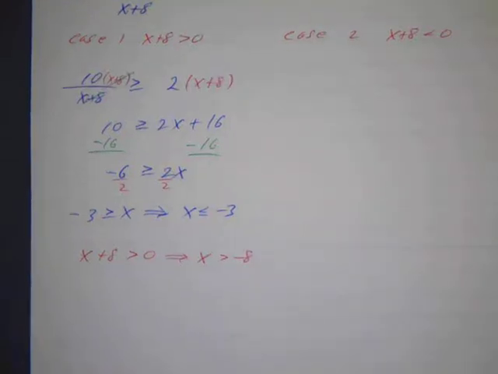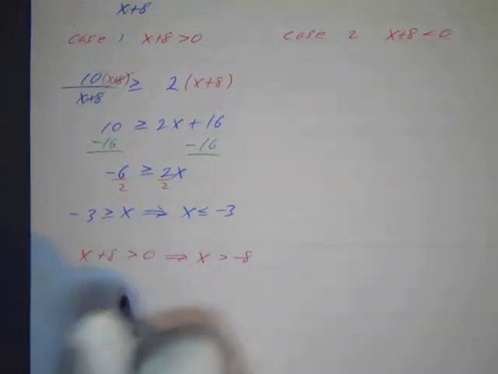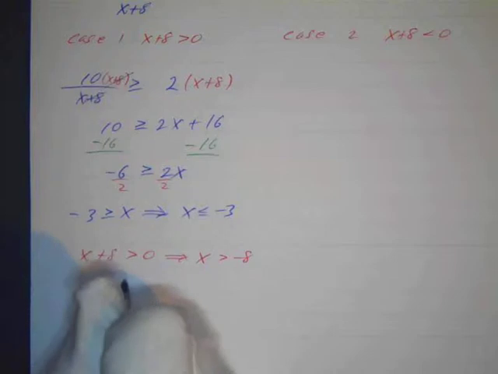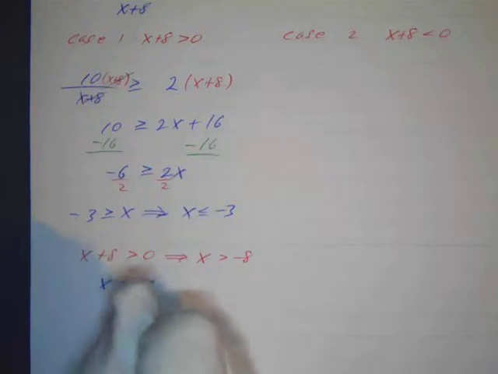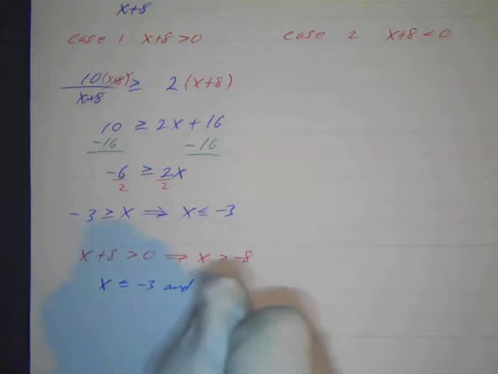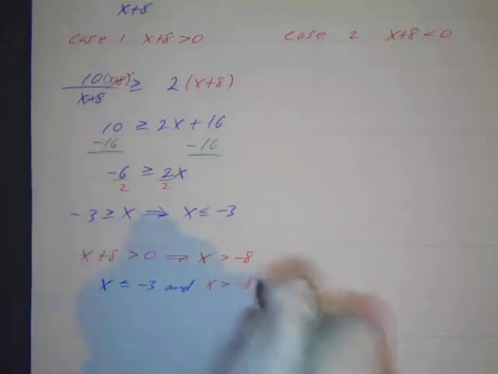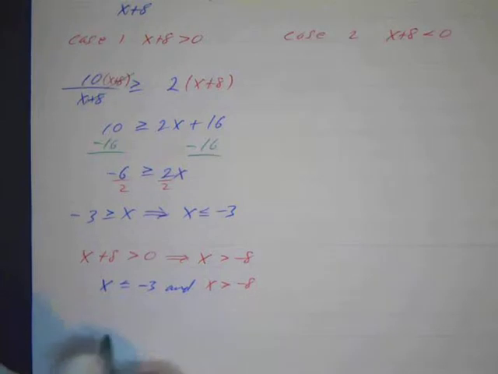That's his job. Okay. So we have both these, and this is a conjunction. So I have this conjunction. X is less than or equal to negative 3, and x is greater than negative 8. And to get a good feel for that, I'll just use a number line and I'll sketch it here. This is x.